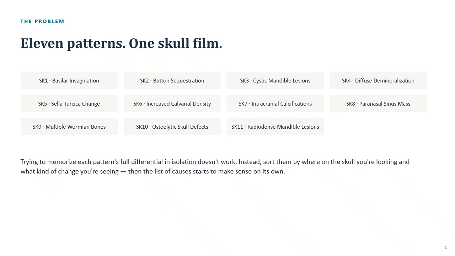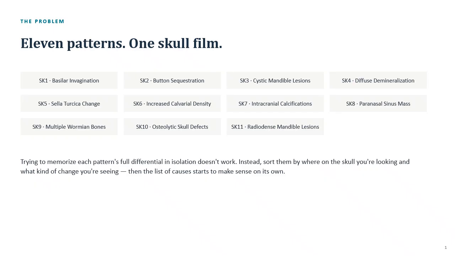So when we see an abnormal skull image, we're not necessarily immediately asking ourselves what the disease is. We can start a little bit more simple if we are familiar with the patterns. Some of the things we might ask ourselves is, where are we seeing that abnormality?